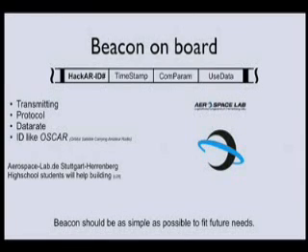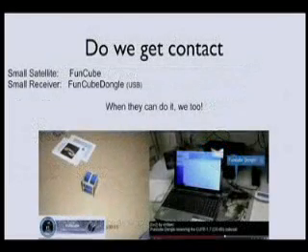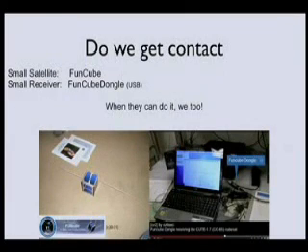And in this case, there's another interdisciplinary partner, the Aerospace Lab in Stuttgart-Herrenberg. They are high school students, and we want to have them build and help us with the beacon itself. And the beacon itself should be as simple as possible to have more possibilities with it, because I will come to this later. And now you could ask us, okay, do you really think you can do this?